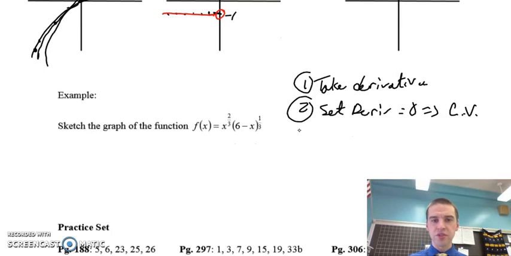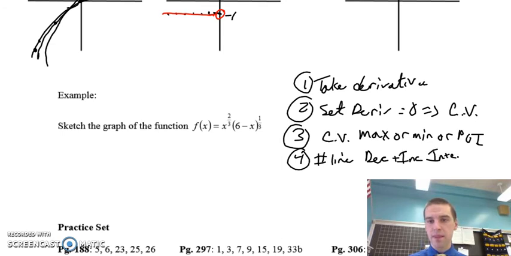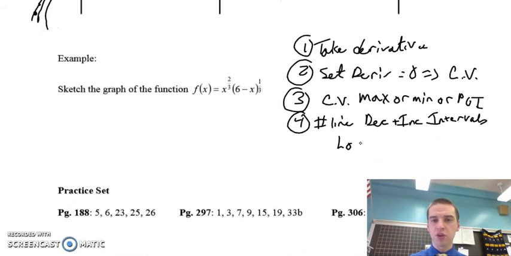Our critical values are either a max or min or point of inflection. Okay? That's what the critical values are. 3, make a number line, and with that number line you're going to find decreasing and increasing intervals. Okay? With that you can also find your local min and max.